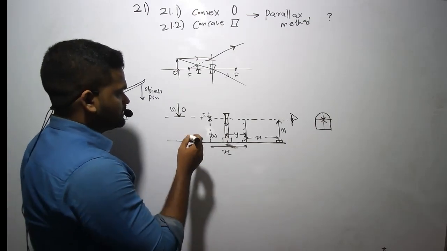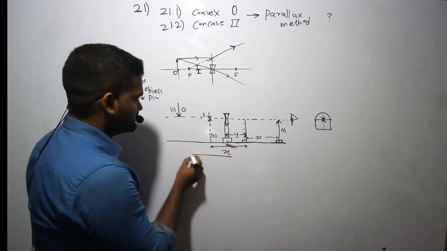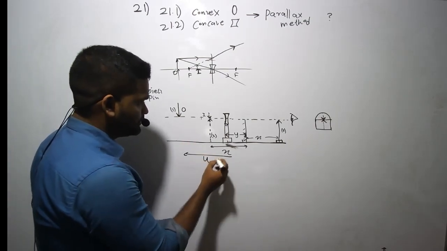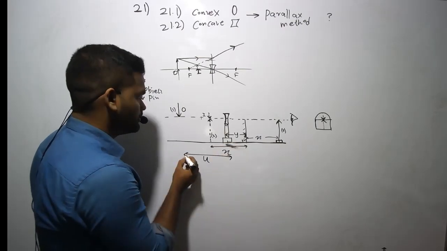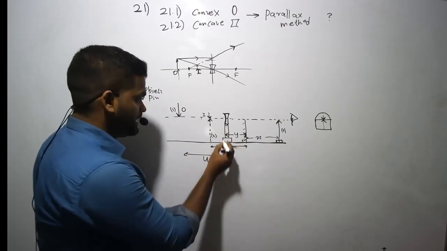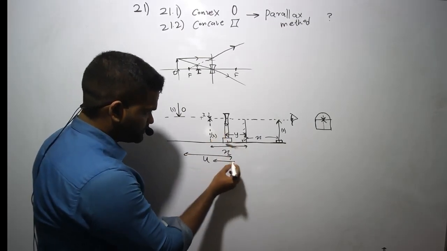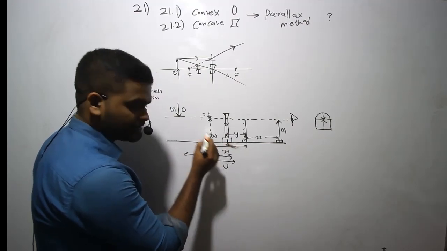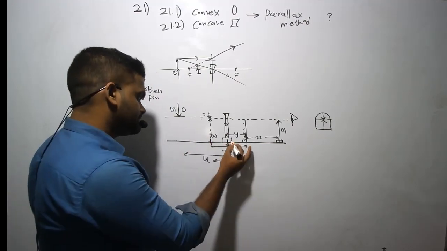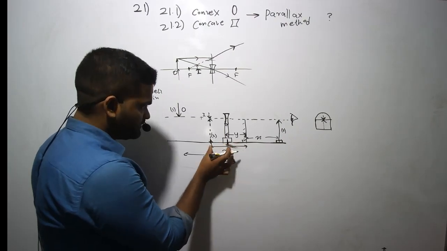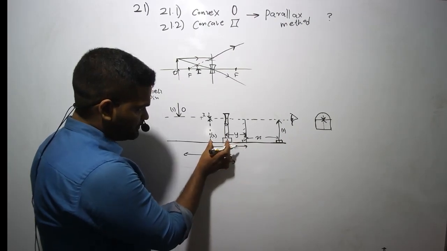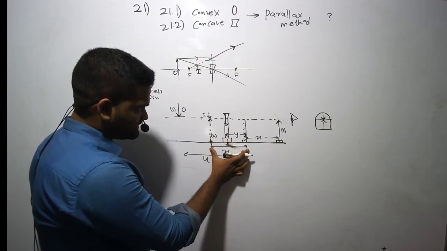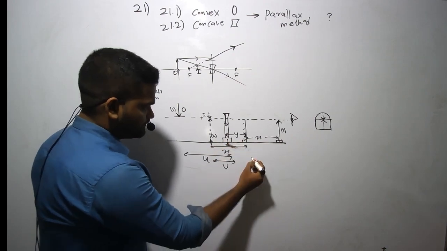Then the object distance is from the lens to the object, so that is u. Then the image distance, this much, that is v, from the lens to the image. You can measure that, right? So what is that v? As you can see, v is x minus y.